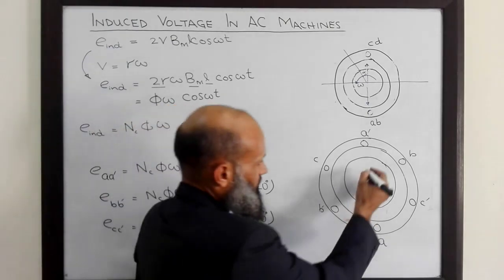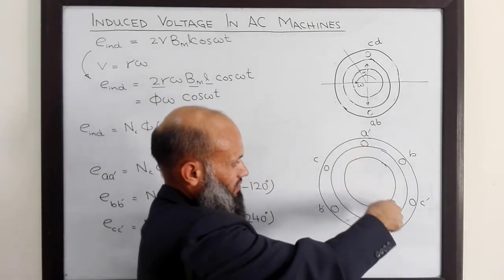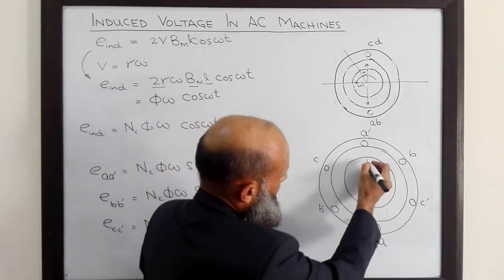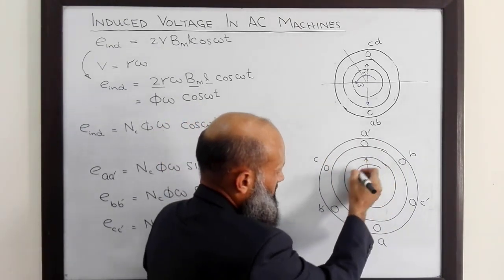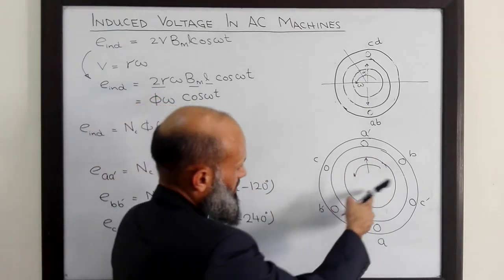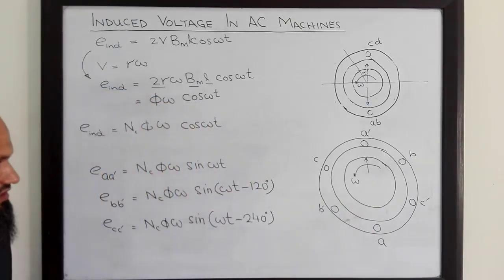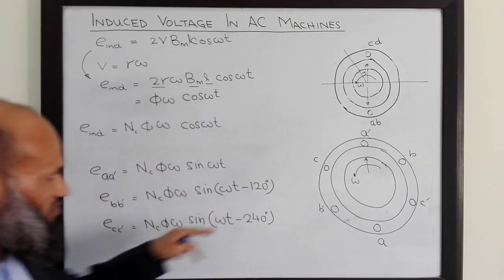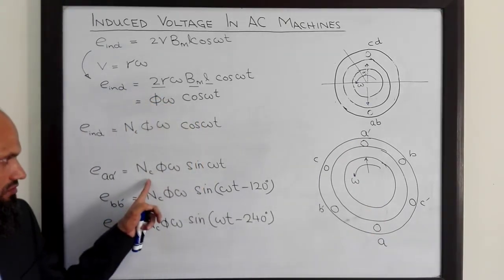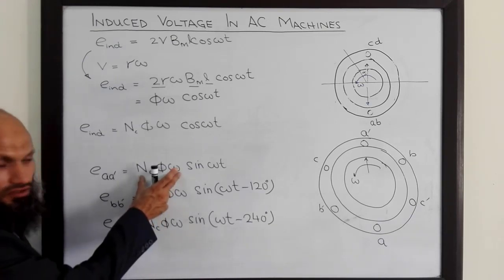That is, if we have this arrangement with 3 coils placed 120 degrees apart from each other, and a rotor with sinusoidal flux distribution rotating with frequency omega, then 3-phase voltages will be induced in these coils.